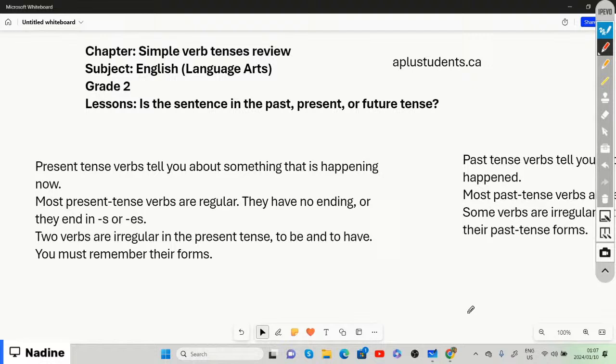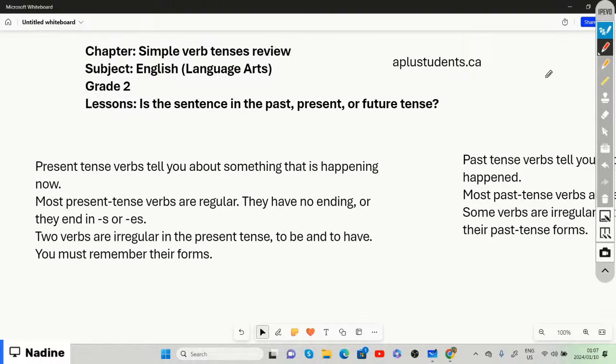Two verbs that are irregular in the present tense are to be and to have. When verbs are irregular, it means that they do not follow any rules. You are just going to have to remember their forms.